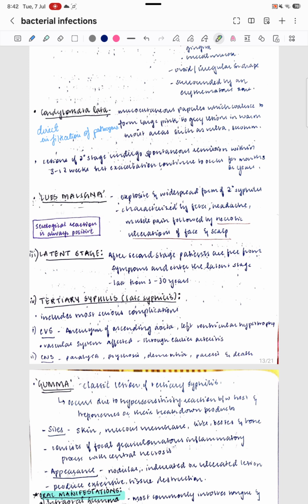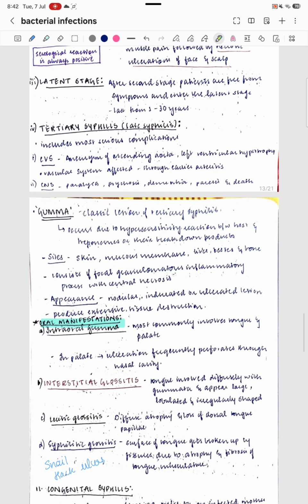Then coming to the latent stage, where the syphilis after the secondary stage is free from symptoms.